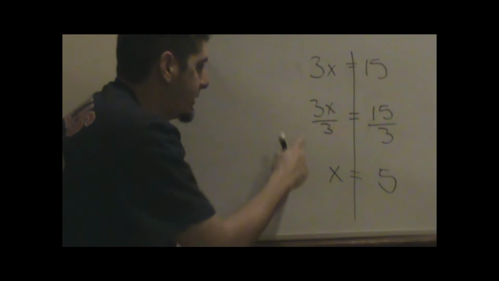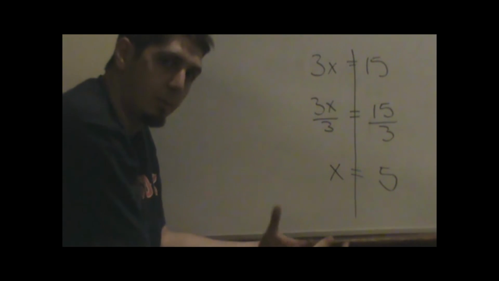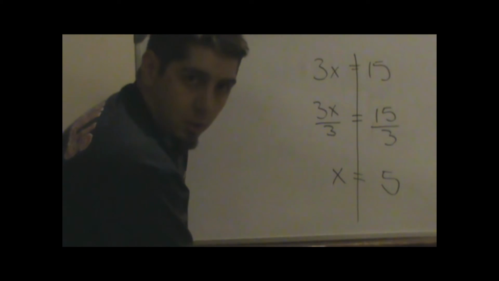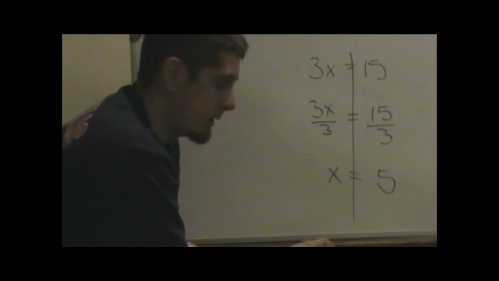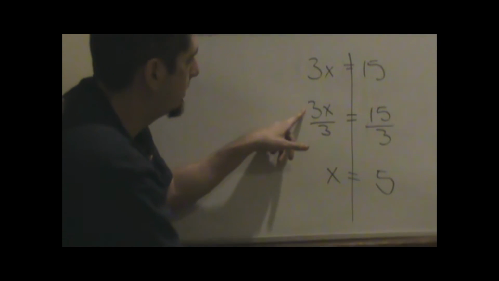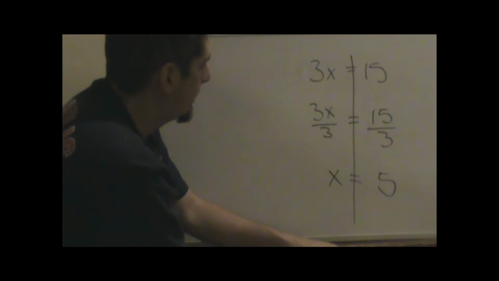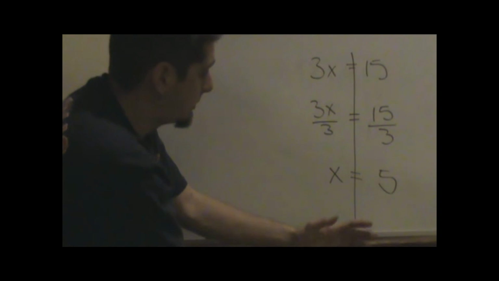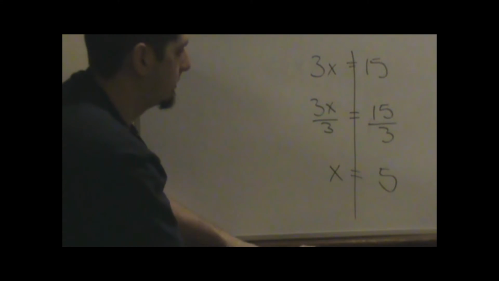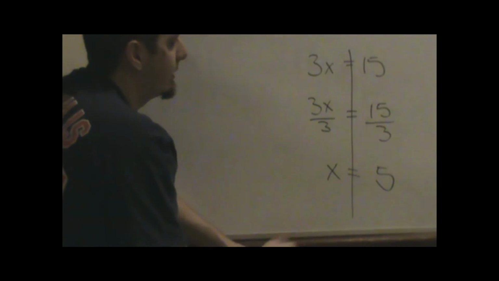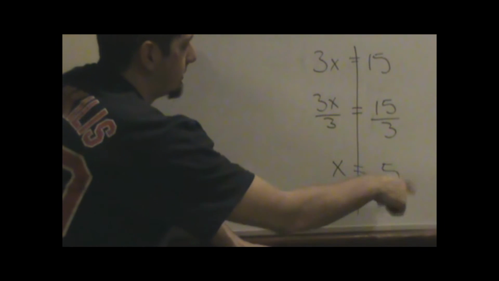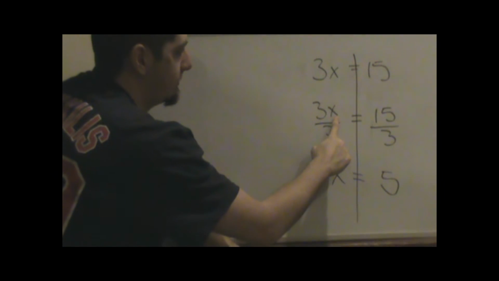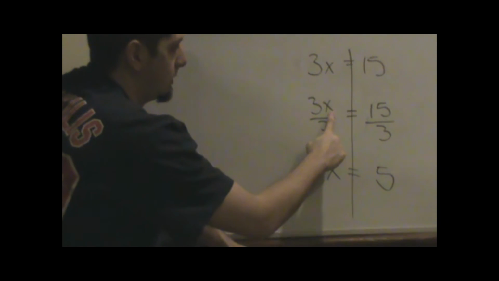So some of us may have found it a little easier to grasp why adding and subtracting cancel each other out. However, here it functions exactly the same way. For example, if we gave x a value, let's say x had a value of 5, as it does down here. 3 times 5 is 15.